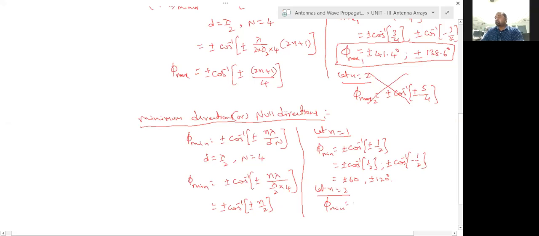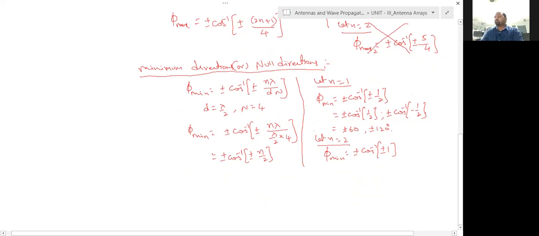Phi minima is equal to plus or minus cos inverse of plus or minus 2 by 2, which is 1. So therefore it is possible. This is equal to plus or minus cos inverse 1 and plus or minus cos inverse minus 1. So this is equal to 0 and plus or minus 180 degrees.